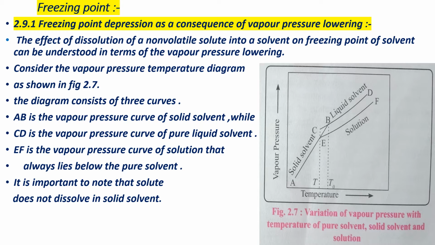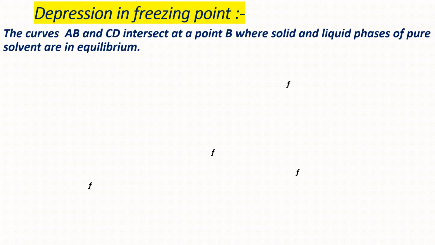The curves AB and CD intersect at point B, where the solid and liquid phases of pure solvent are in equilibrium.